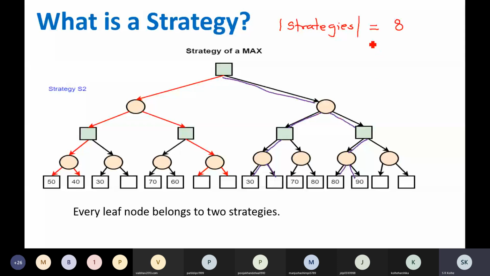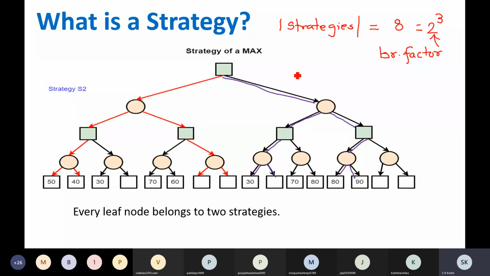If you observe this, you will find out this is equivalent to 2 raised to 3, where what is this 2? 2 is your branching factor. Every node has 2 branches, so branching factor is 2. So 2 raised to 3. So number of strategies depends upon branching factor of a game tree.